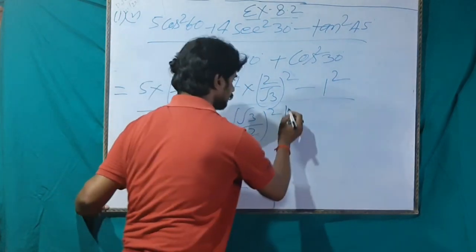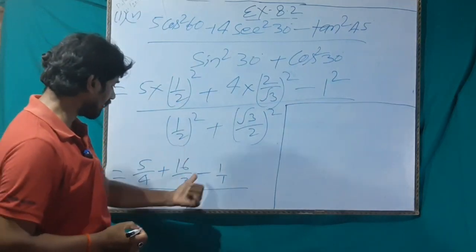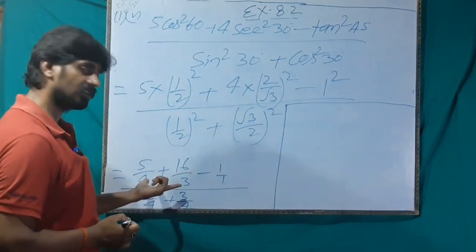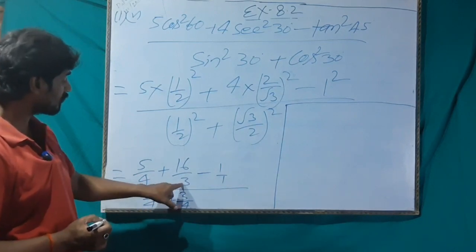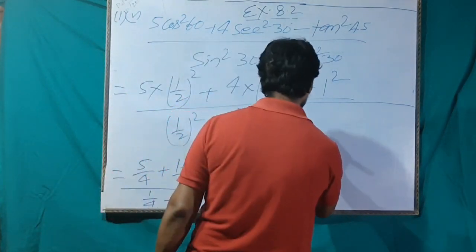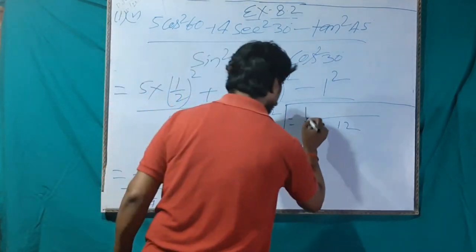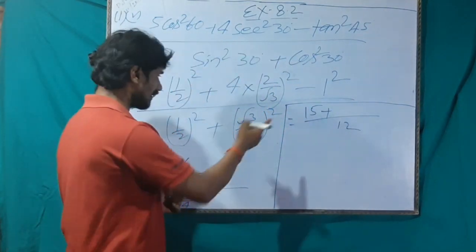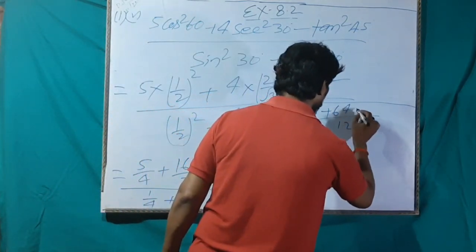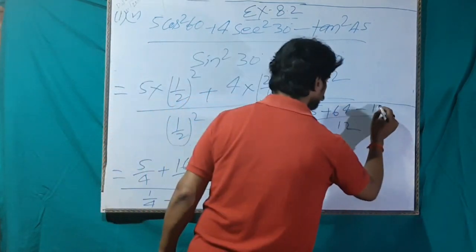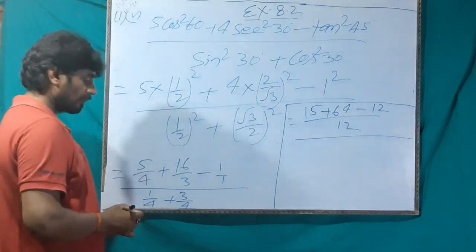Now we will solve this. 5 by 4 plus 16 by 3 minus 1 by 2, as addition or subtraction of fractions. So LCM is 12. 4 3s are 12, 3 5s are 15, plus 3 4s are 12, 4 16s are 64, minus 12 by the LCM of 4 and 4, which is 4.